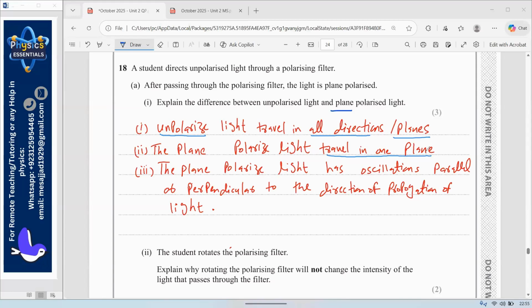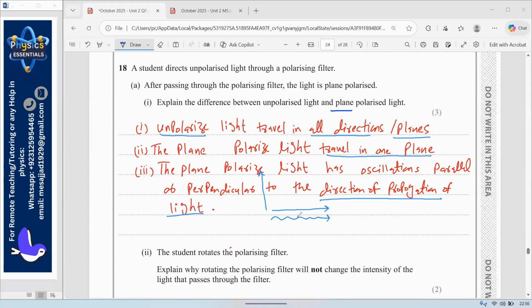Okay, and the direction in which the plane polarized light is traveling includes the direction of propagation of light. For example, if light is traveling this way, it is quite possible that the wave is polarized in this direction or in this direction.